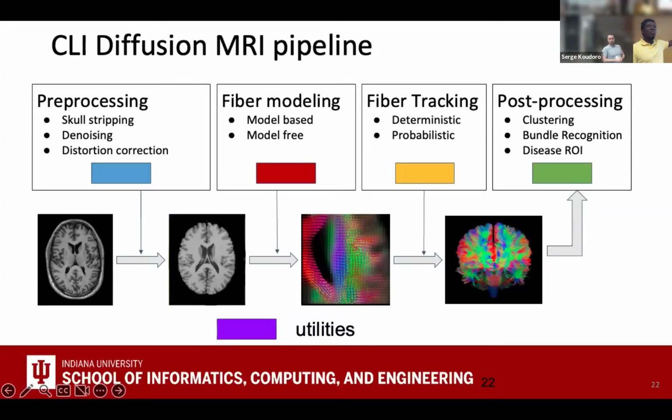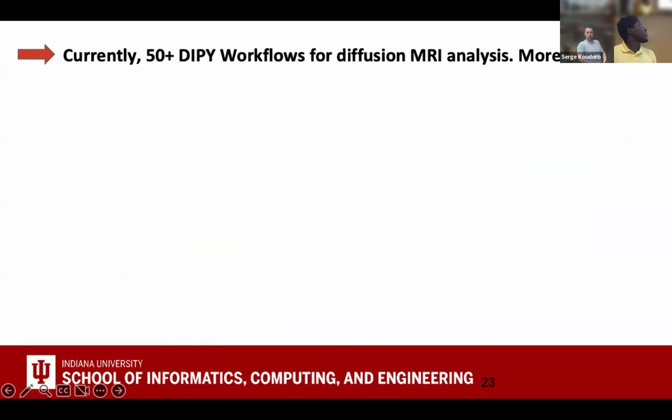When you succeed in having a very good pre-processing, all the other steps are quite straightforward. So if you have to spend time with your data in diffusion MRI, spend time in pre-processing, and make sure that you have a good standard at the output. Then all the rest will flow quite easily.